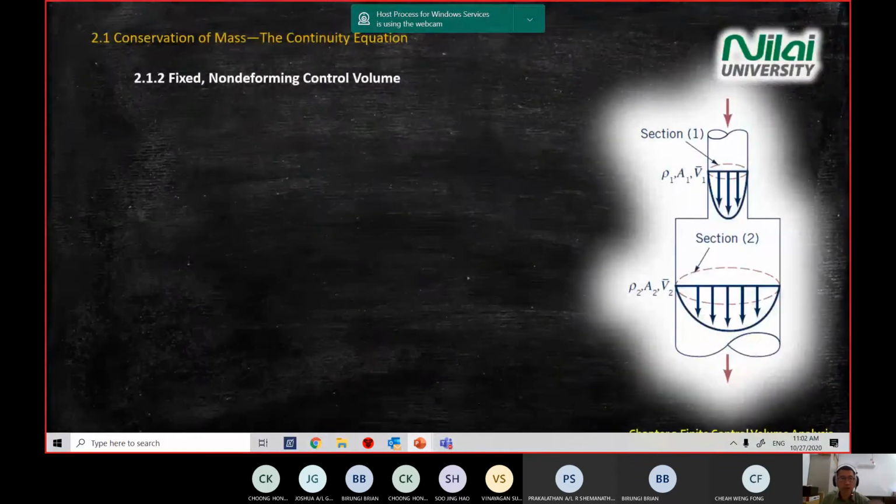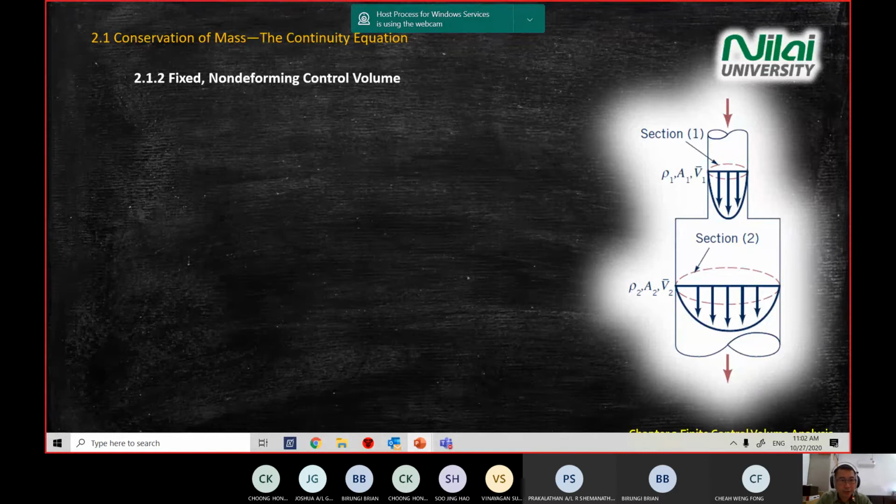We move to a new concept now. We have done with the continuity equation for fixed control volume. Now we start to look at fixed non-deforming control volume, which is your question 8 there in your tutorial. So you will see the same diagram. What is changing here?